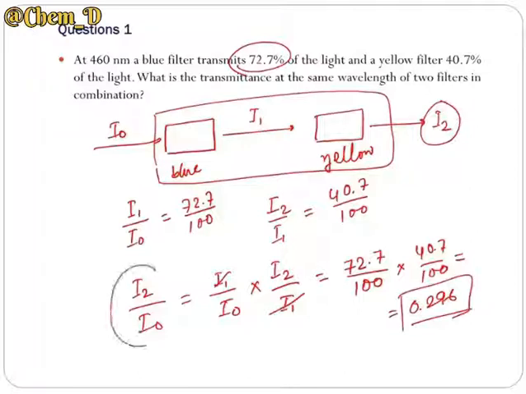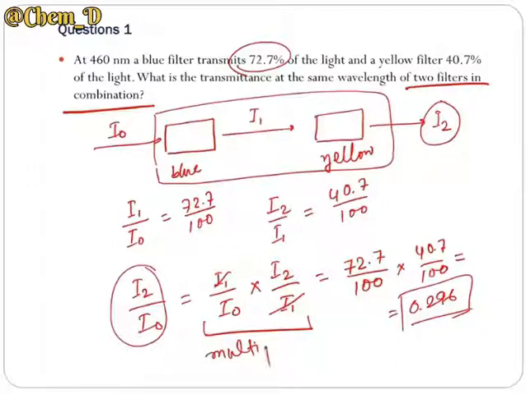So this is the transmittance when two filters are in combination. This is a very easy question, and one thing you should notice is that the transmittance is multiplicative in nature.